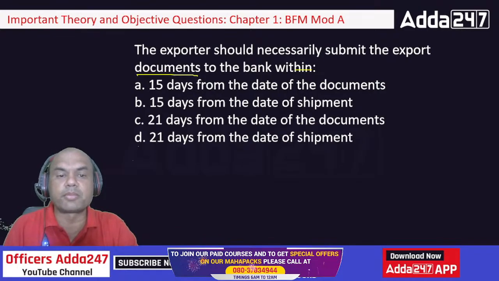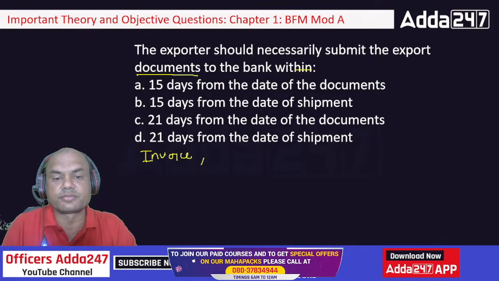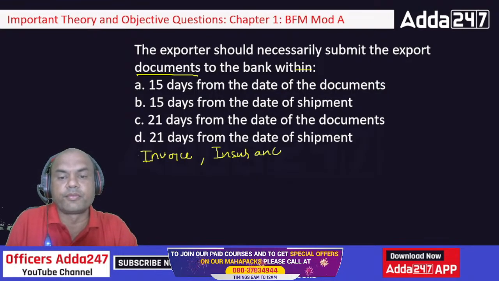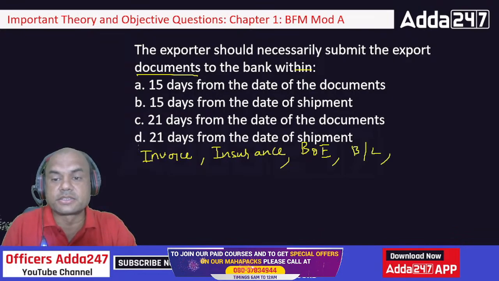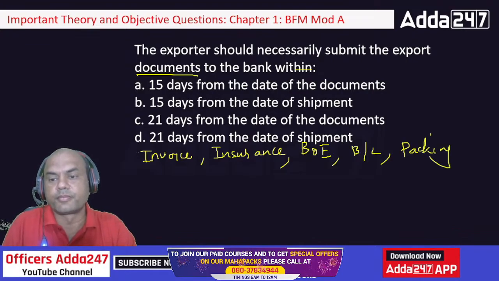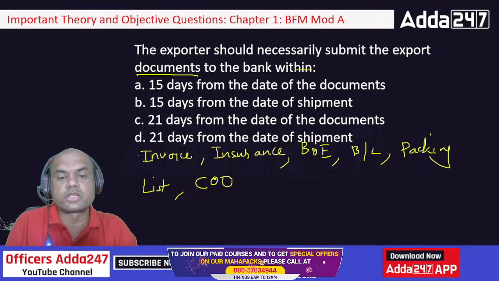Remember, the documents are invoice, insurance, then bill of exchange, bill of lading, packing list, and the last one is CO, certificate of origin.